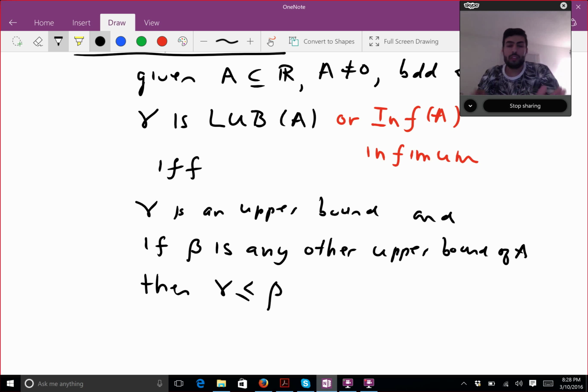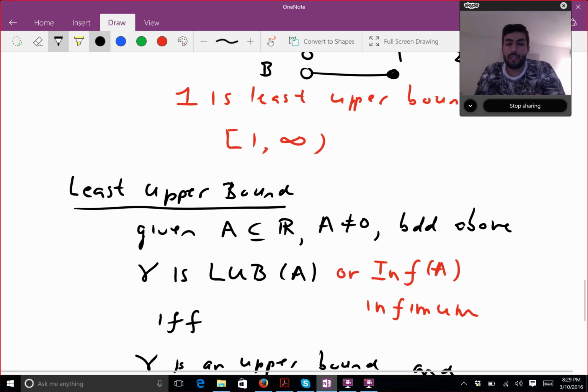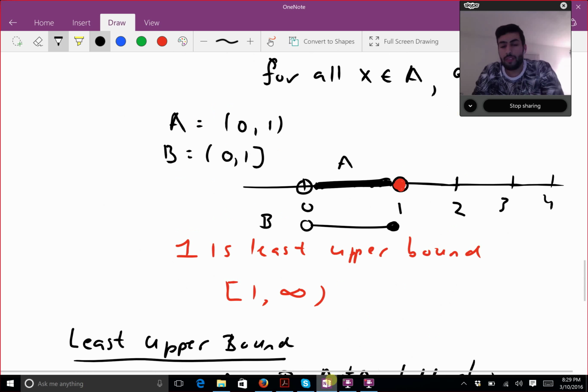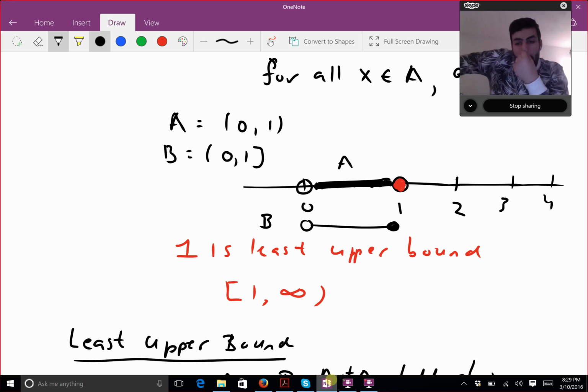So you give me any other upper bound, it has to be more than this or equal to. For our example, 1 is gamma and 2 is beta. Exactly. So if you have any other upper bound, I know that it can't be less than this. This has to be the smallest one, right?